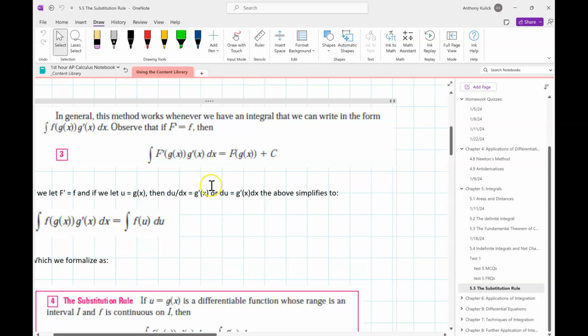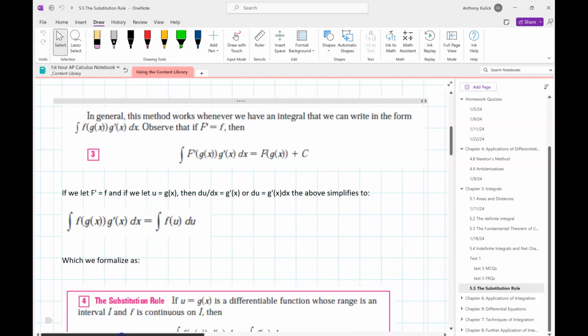So in practice, what we do is we introduce a new variable that we'll call u. And we want to let u be that g of x function, the inner function. And we want to make the derivative of u with respect to x equal the derivative of g, or really, we want to make du equal to the derivative of g times dx.